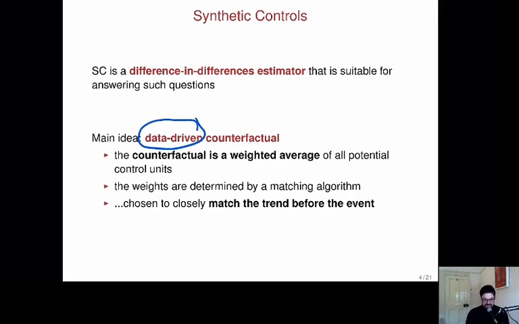So in that sense, it's an atheoretical method, and we always have to be careful when using it.